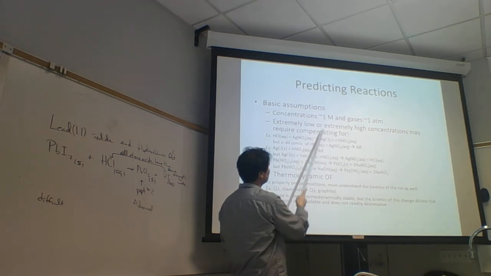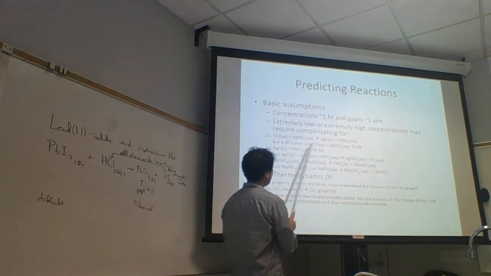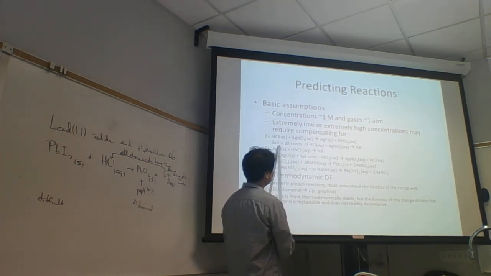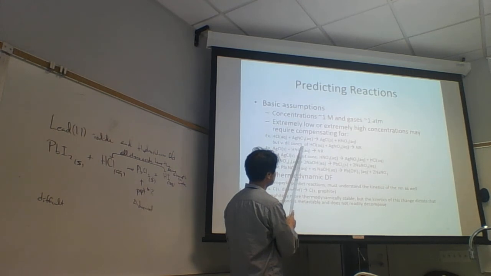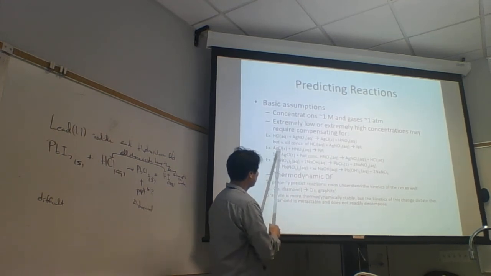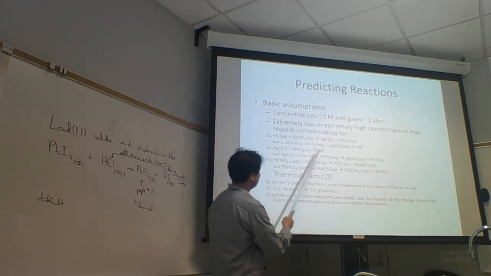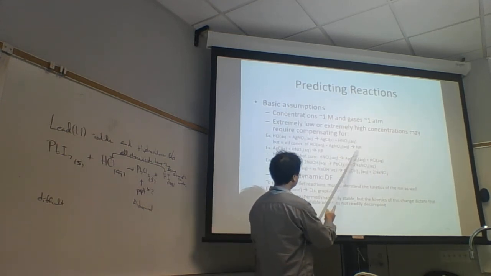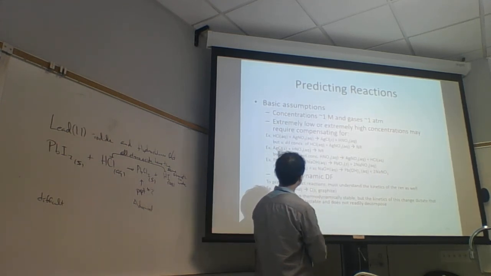At reasonable concentrations, it works out. However, if the concentrations are very low, we call it dilute, very dilute solutions of HCl and silver nitrate yield no reaction. And so even though we're mixing HCl and silver nitrate, nothing happens. Actually, this is a typo.